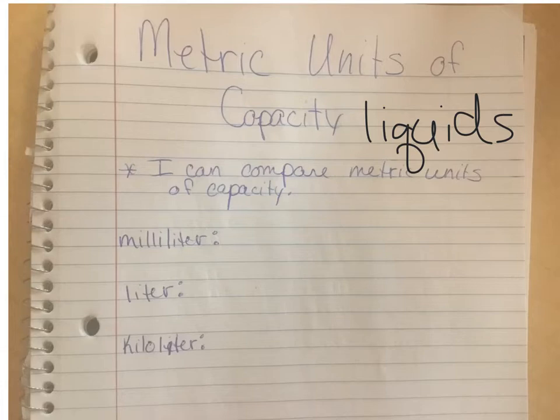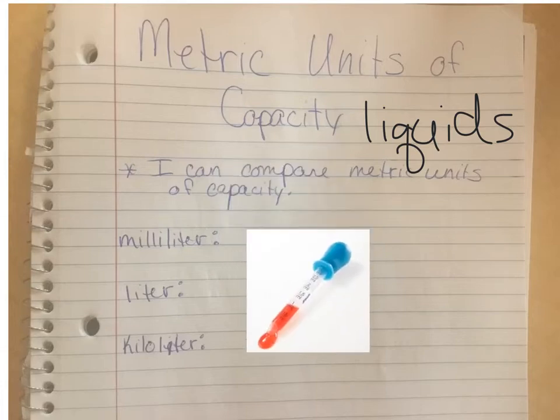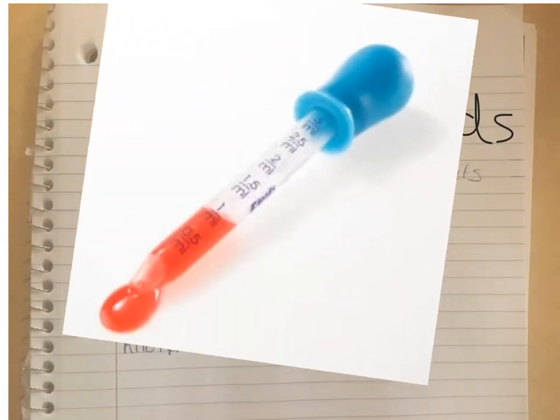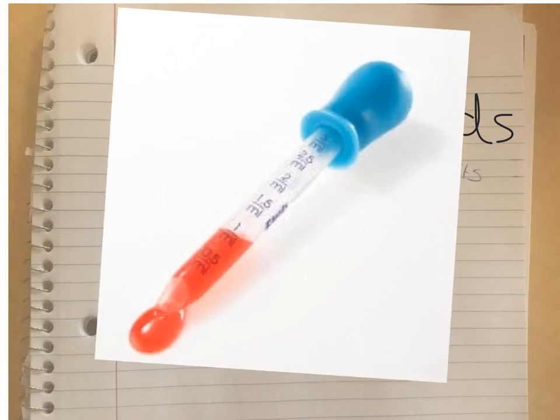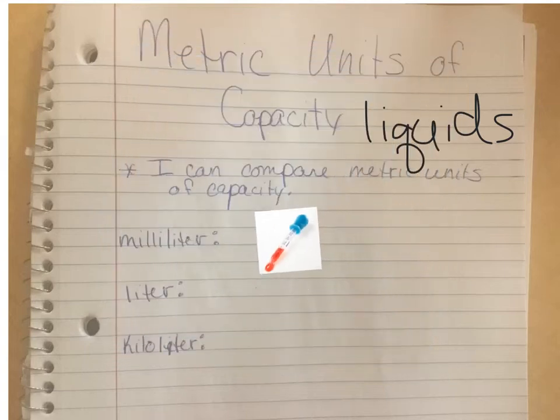So small, it might look like this. This is an eyedropper. We call it an eyedropper because it's very small amounts of liquid. Notice you can see 0.5 milliliter, 1.5, 2, and this is a small amount of liquid. It's going to be the smallest.